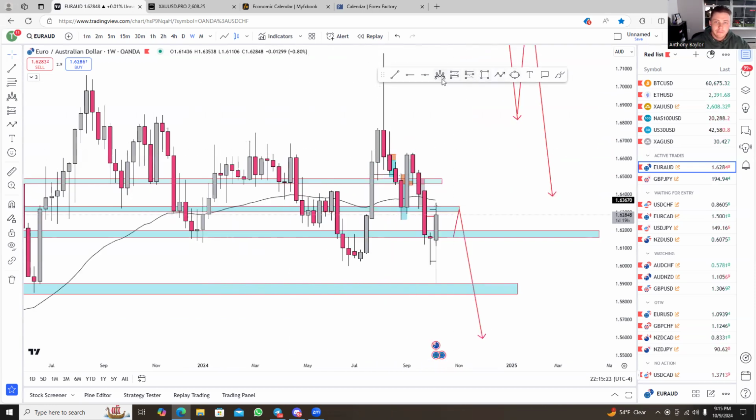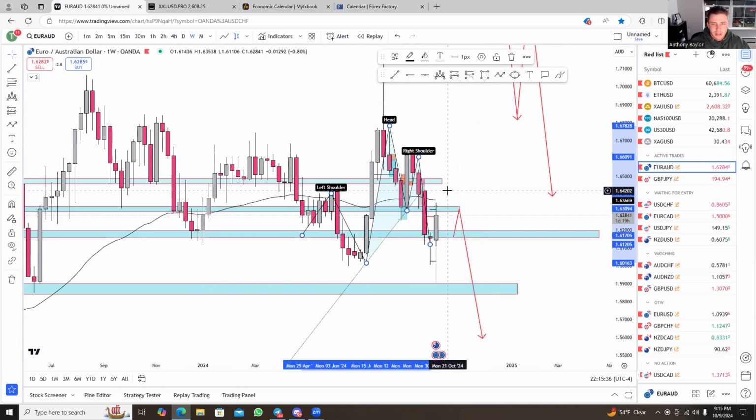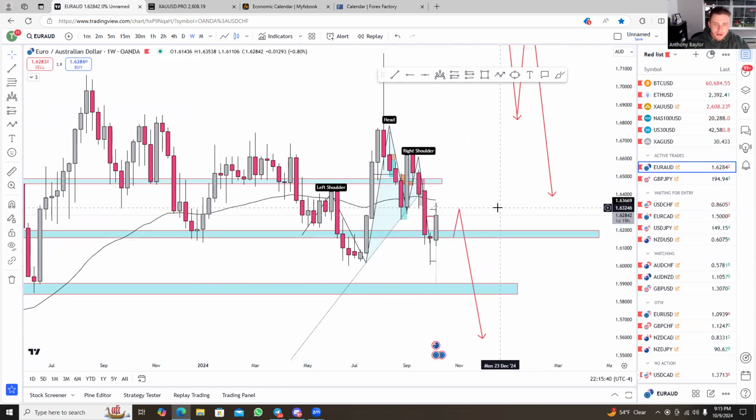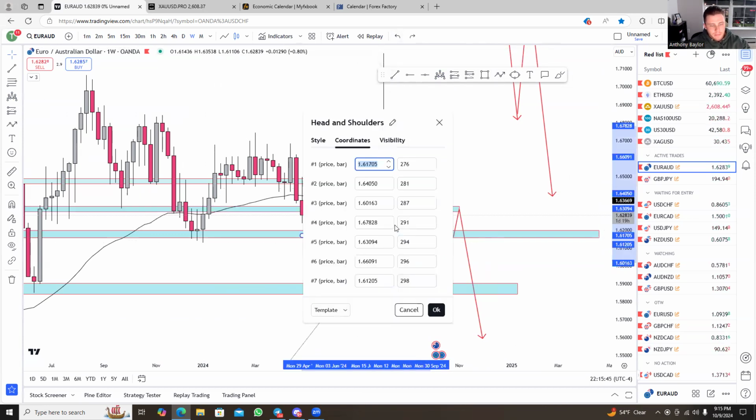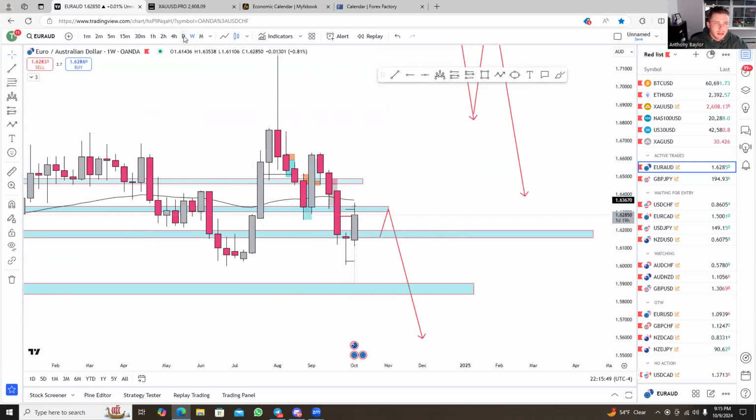Or it could have made left shoulder, head, right shoulder, right? Here's your retest of the neckline, weekly EMA, weekly area of interest, dump. That is why we took shorts on Euro AUD this week. Okay, that makes sense. That's why we took it.